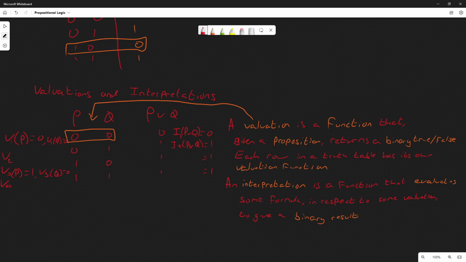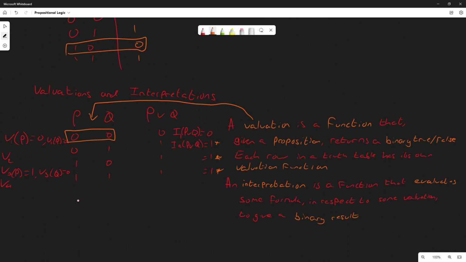And it is important to know that if there exists, for some propositional formula P or whatever, some interpretation of that formula for which you have 1, then that formula is said to be satisfiable.